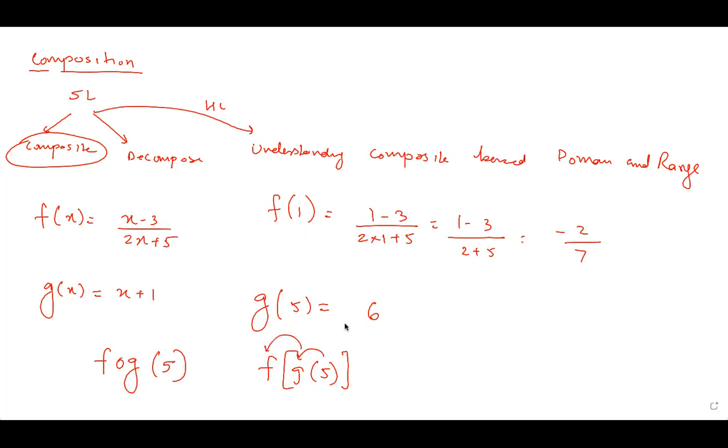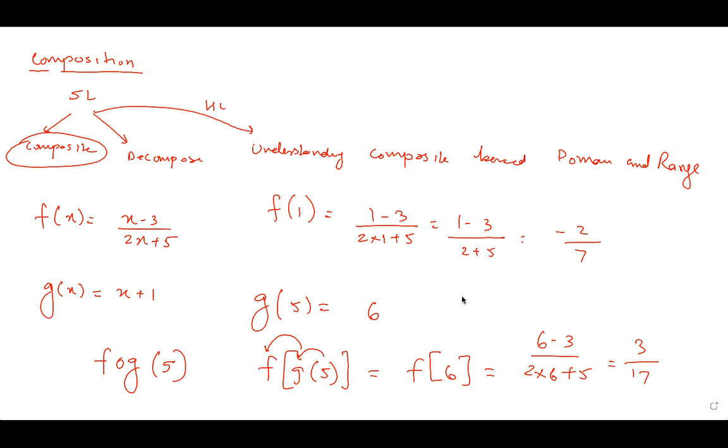Since g of 5 is 6, we have to find f of 6. And f of 6 is 6 minus 3 upon 2 times 6 plus 5. So you get 3 upon 17. So this is basically a simple illustration of the composite function.